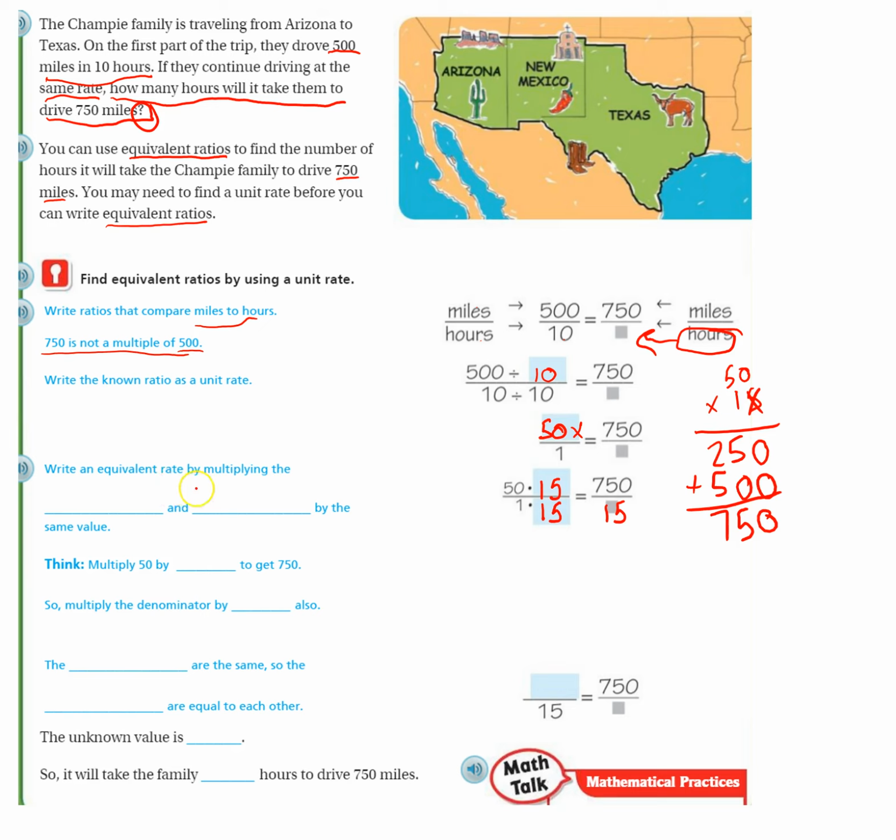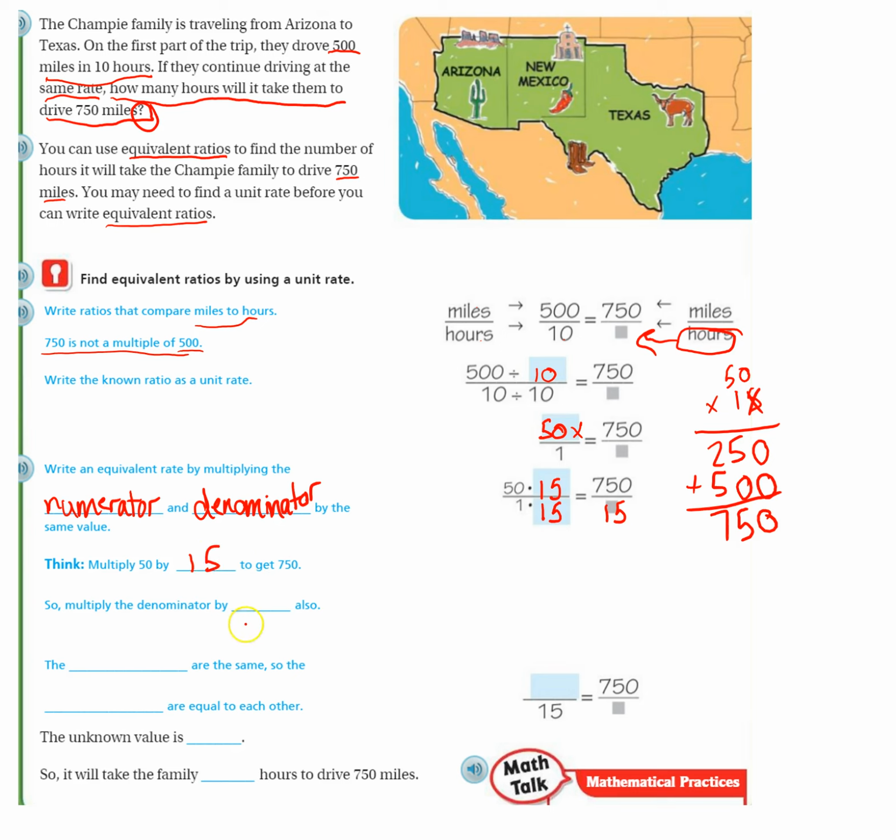So let's see, write an equivalent rate by multiplying the numerator and the denominator by the same value. We knew that from our class discussion question a couple days ago. Multiply 50 by, and we multiplied 50 by 15 to get 750.